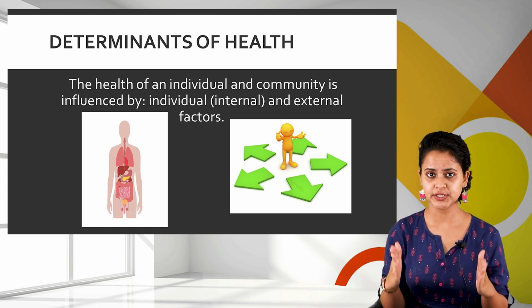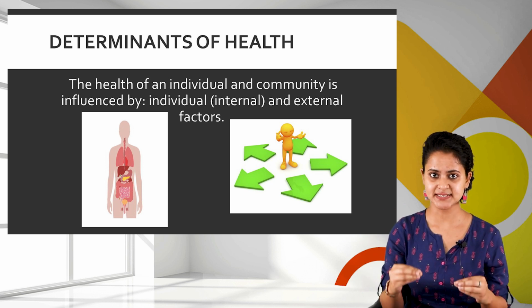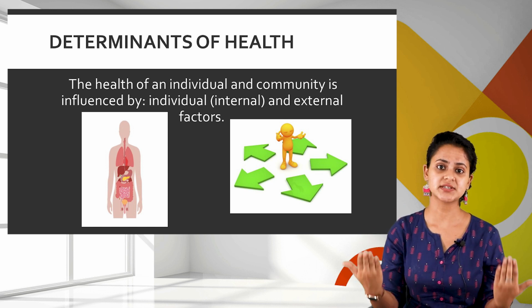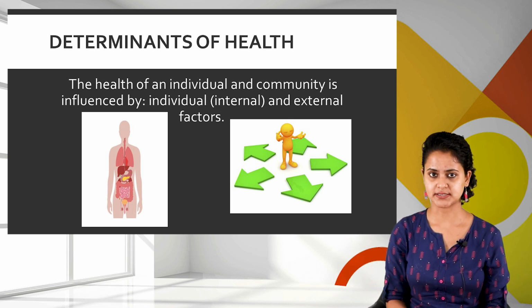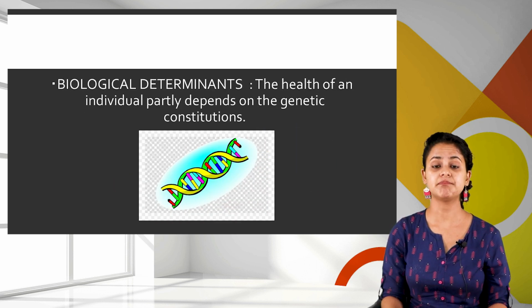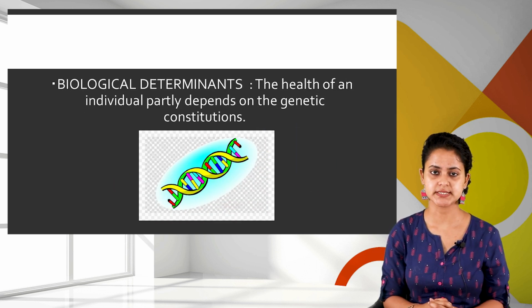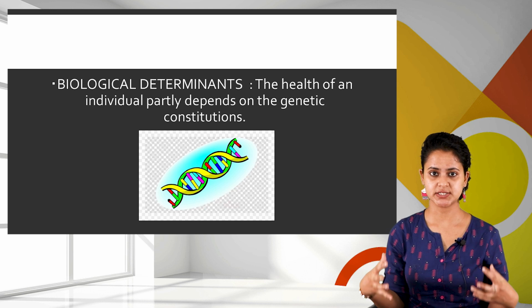Thus, the individual's or the community's health is considered a result of the interaction of the internal and external factors. The most important internal factor is the biological determinants. We are now going to read about the biological determinants, which include the genetic constitution.